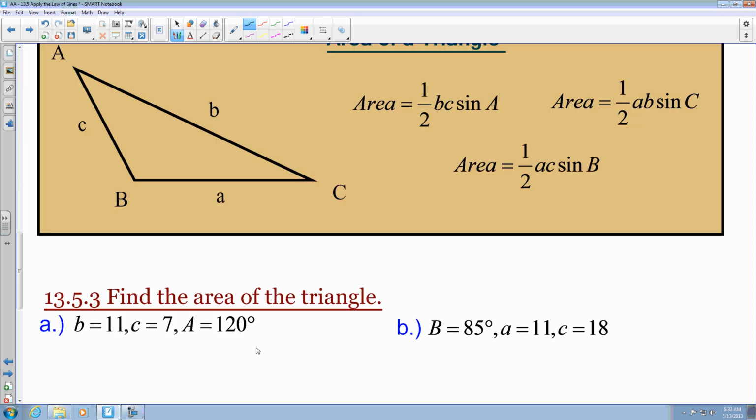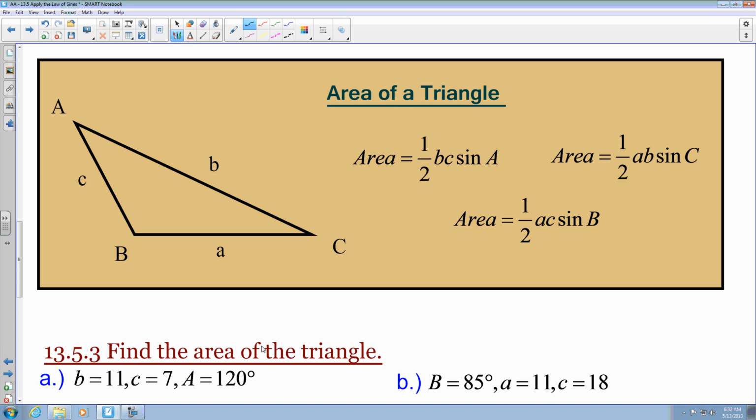Last thing we're going to do is I'm going to show you how to find the area of a triangle incorporating the law of sines, because in this case we don't know what H is. But again, H is in that formula, because what was H over up there?